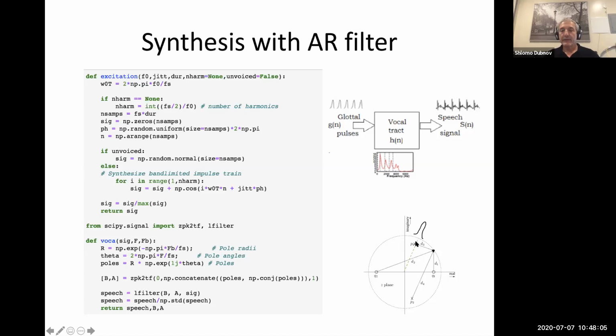One can show that for such filters, every pole has to have a conjugate pole on the other side. So this is why we have the conjugate poles, and we actually have a double number of poles.